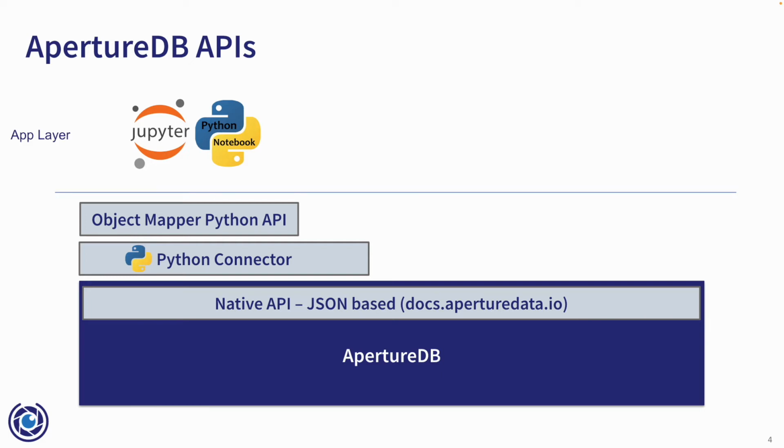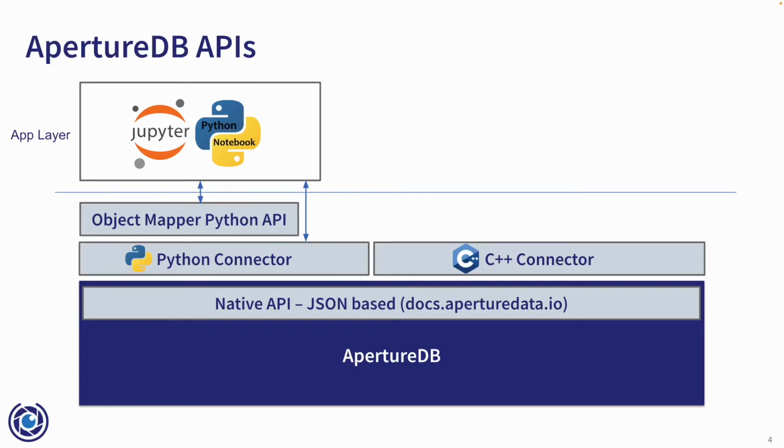All of these things are part of the application layer, and all of these connectors and object mappers are essentially helpers for you to connect to a database and retrieve or insert data into the instance. We also have a C++ connector that allows you to write your own applications, or in our case, we use it to implement our REST API, which is also available for you.